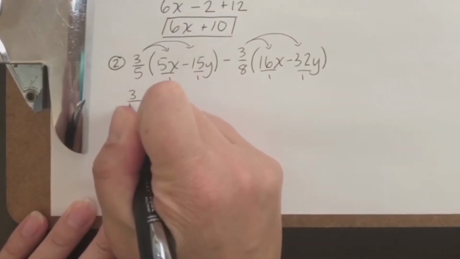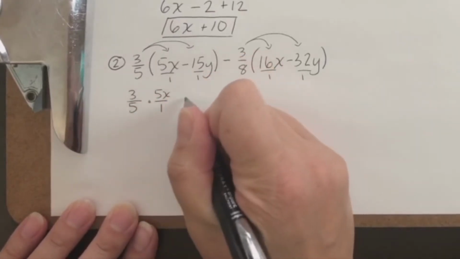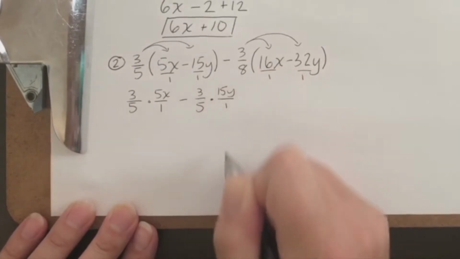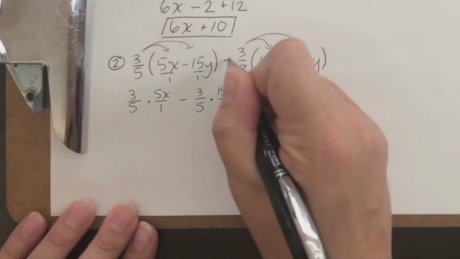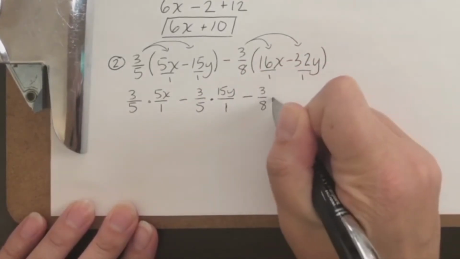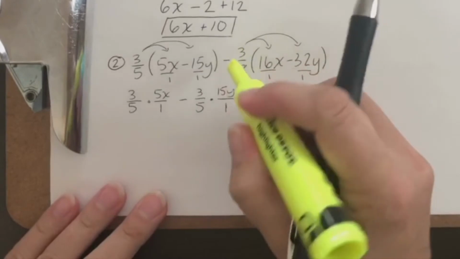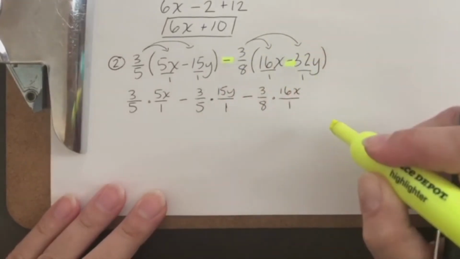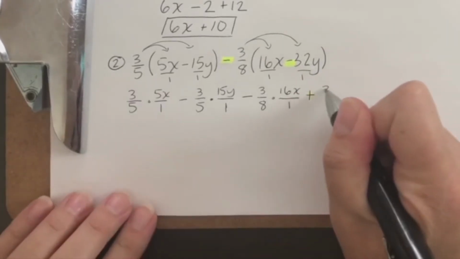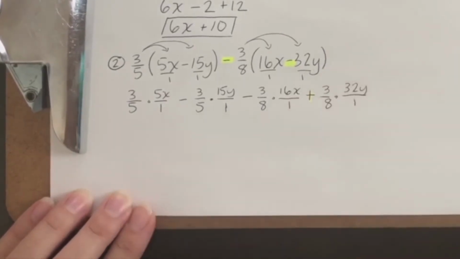So 3/5 times 5x over 1, and this is minus 3/5 times 15y over 1, minus 3/8 times 16x over 1, and then right here we have a negative times a negative, so that's going to give us a positive right there, plus 3/8 times 32y over 1.